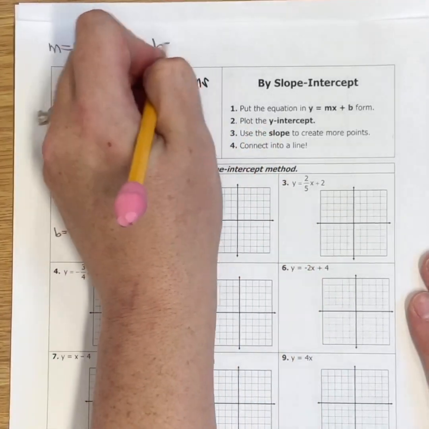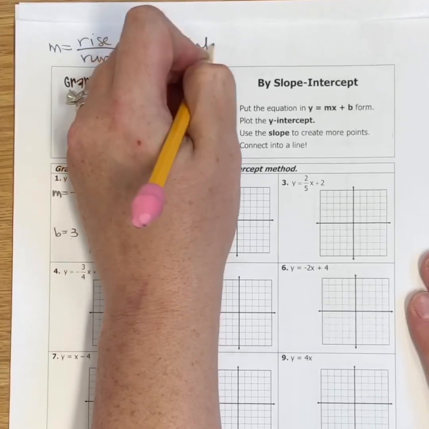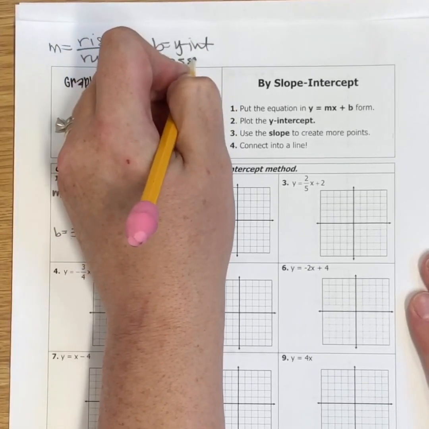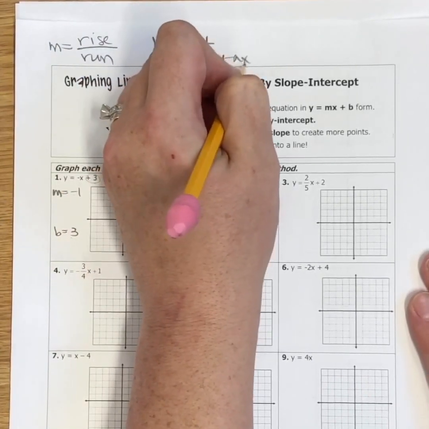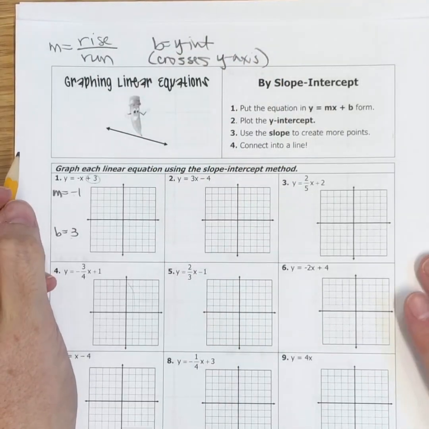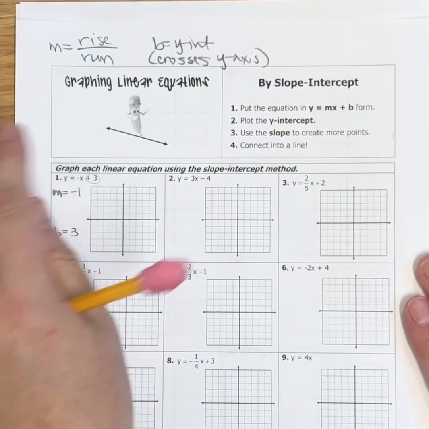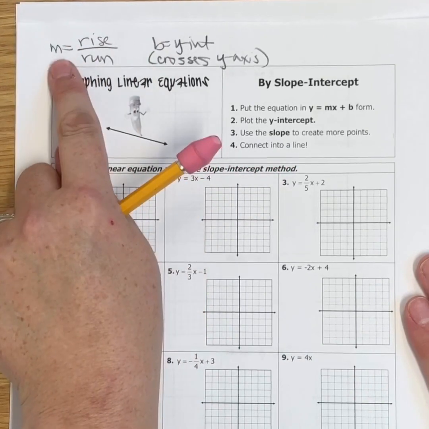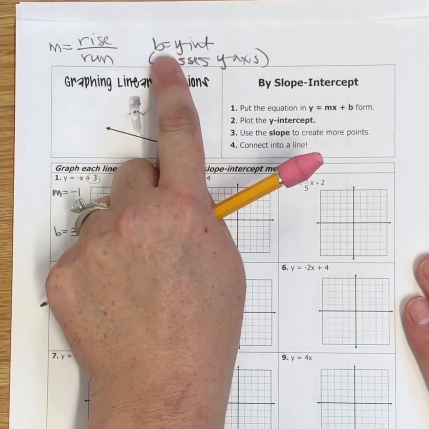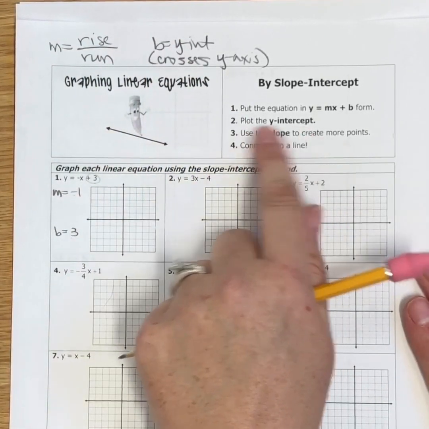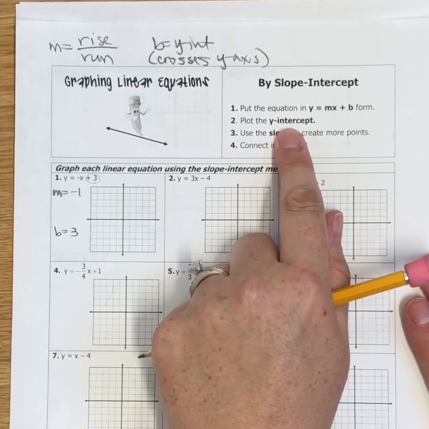Okay, and the y-intercept is where it crosses the y-axis. All right, and I like to think of it alphabetically. Since b comes before m, we're going to first plot our y-intercept on the y-axis, okay?